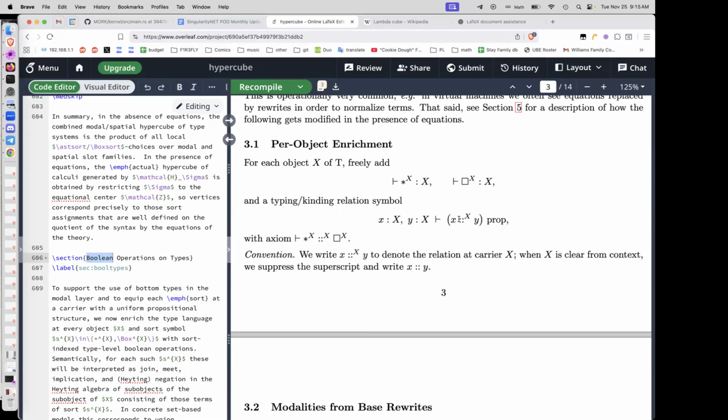Then we also introduce a typing-kinding relation between elements of this shape. And then we say that star is related to box. That's really an axiom scheme, right? That's for all the X's.